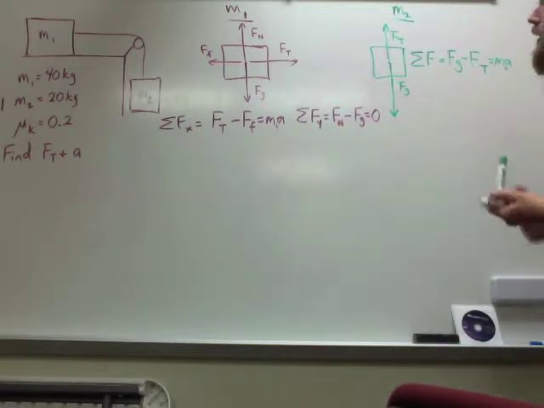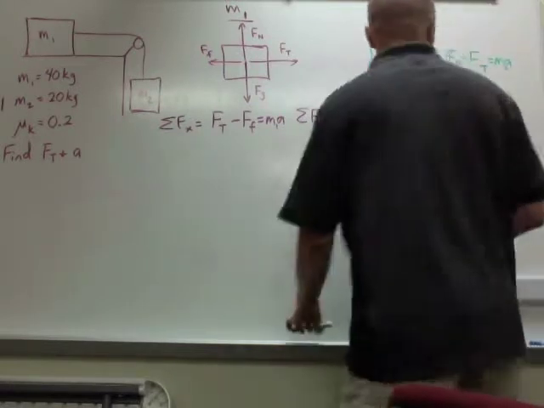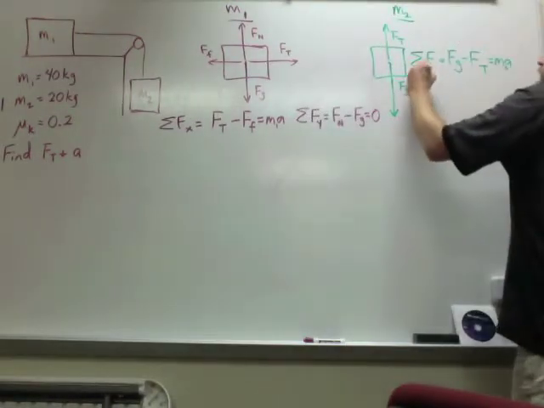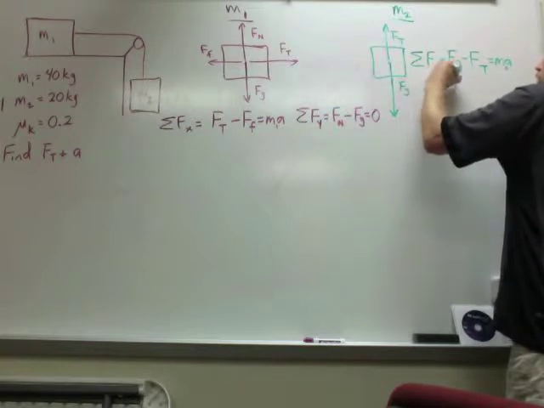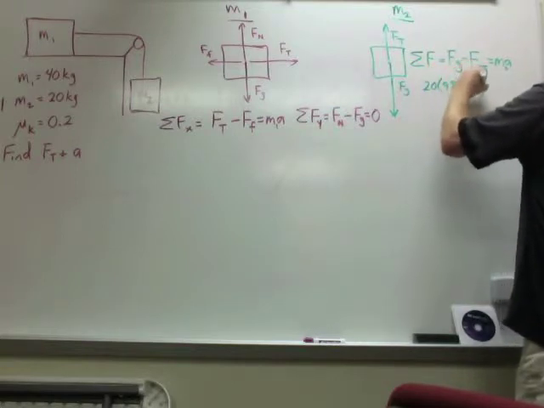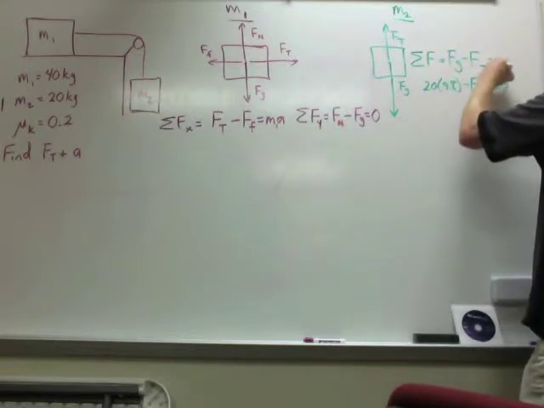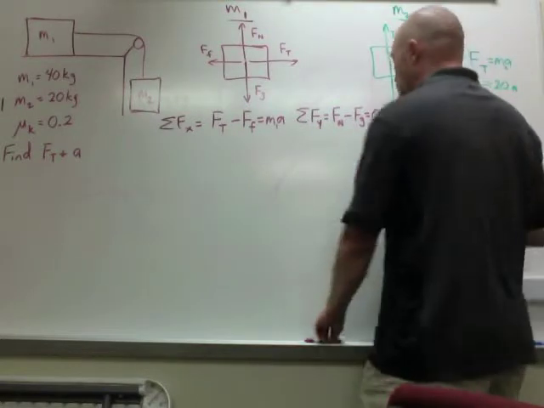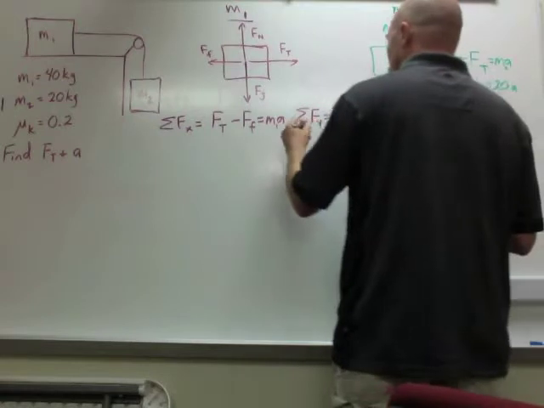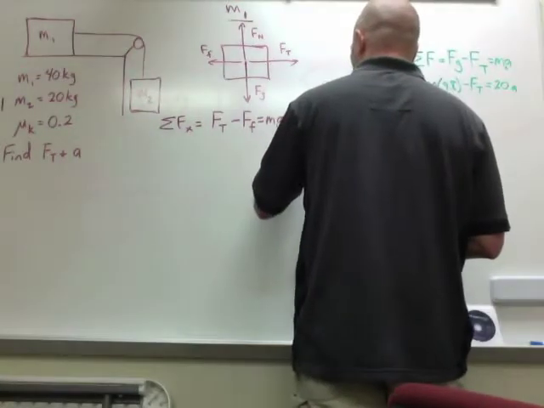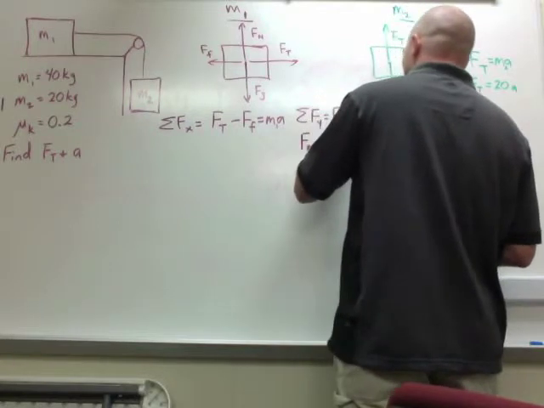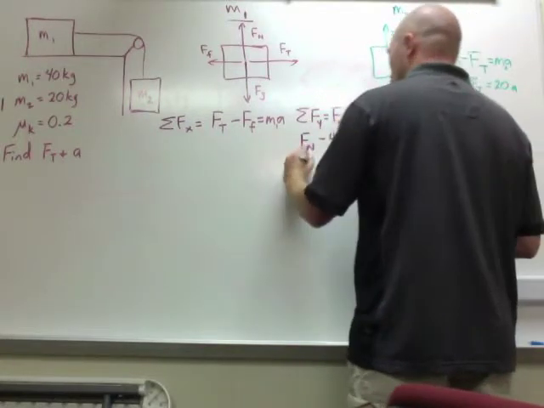All right, and then I'm going to plug some stuff in. So for Fg over here, it's going to be 20 times 9.8 minus Ft equals 20 times A, okay? And then here I'm going to get Fn minus 40 times 9.8 equals 0.